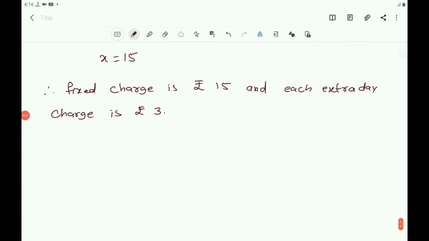So let us verify. Sarita paid x plus 4y, that is 15 rupees plus 4 into 3, that is 15 plus 12, 27.